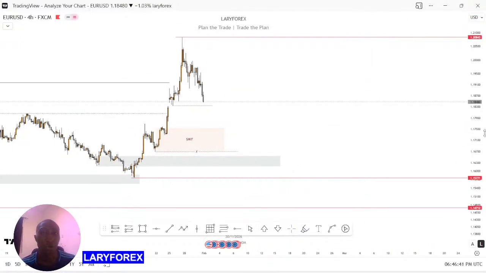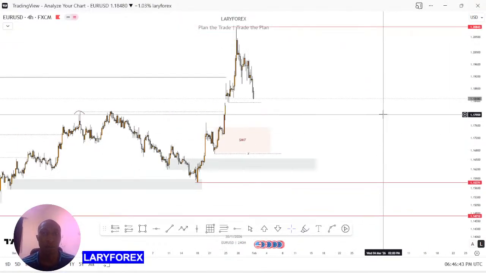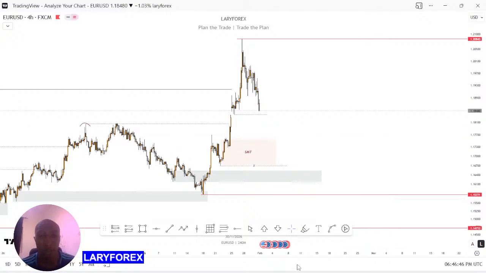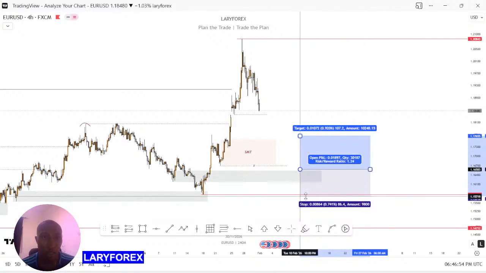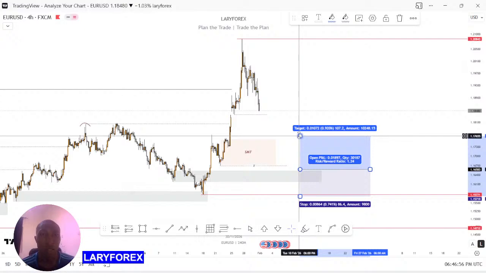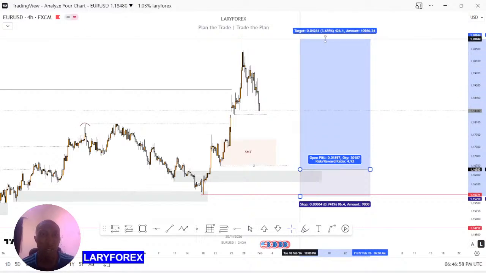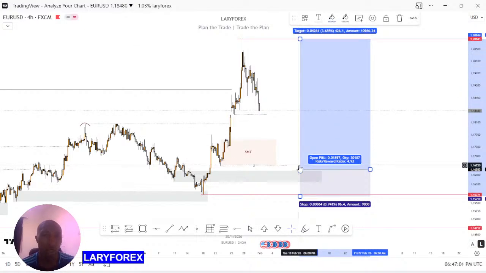So, conclusion on Euro USD, 1st February. This demand, probably my stop loss should be at this swing low, and my TP should be at this new high.